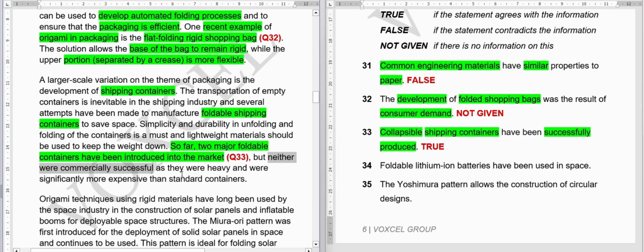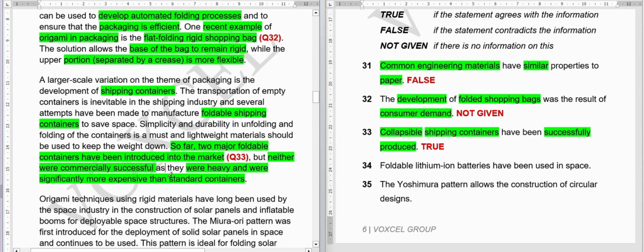But it doesn't mean that we were not able to produce them. We were able to produce them. Though they were heavy and more expensive than standard containers, here it is written: they were heavy and significantly more expensive than standard containers. That's why they were not successful commercially.